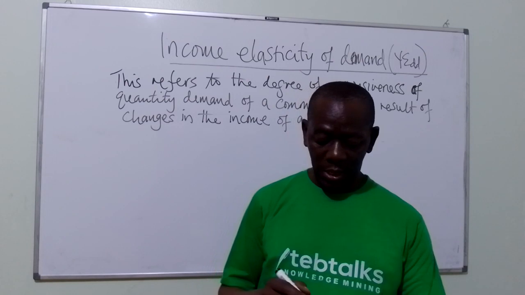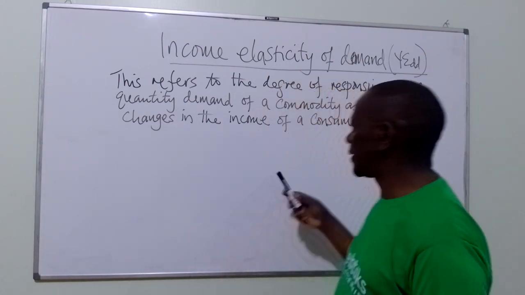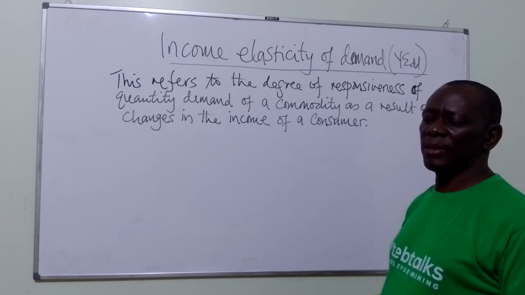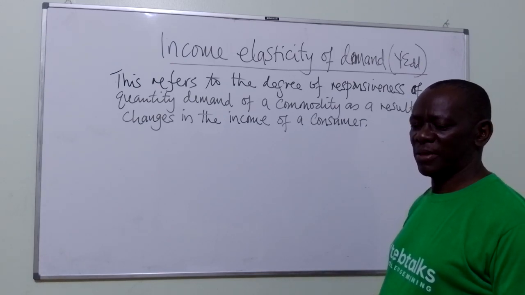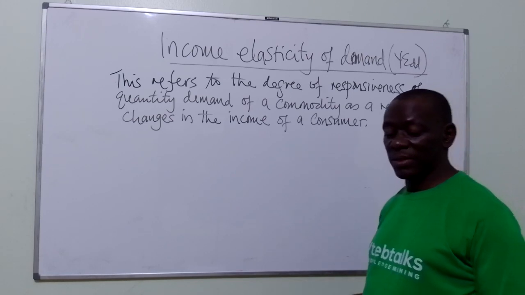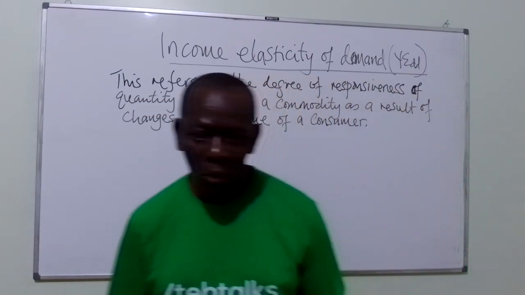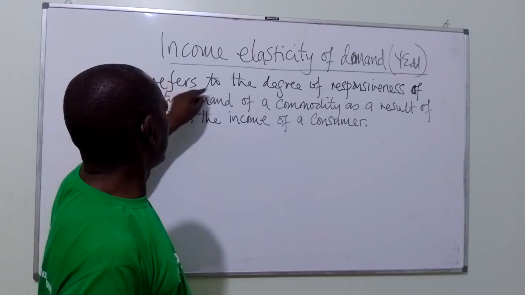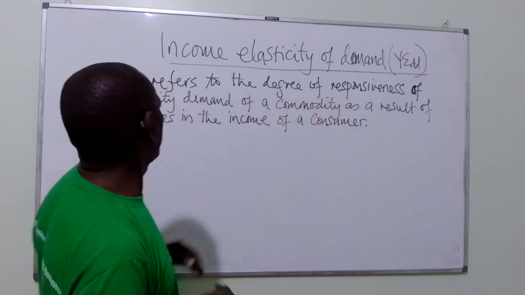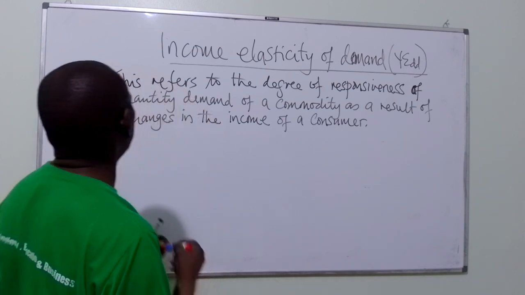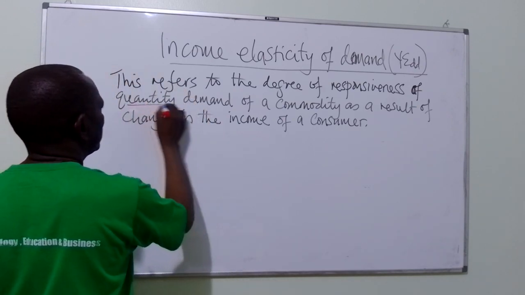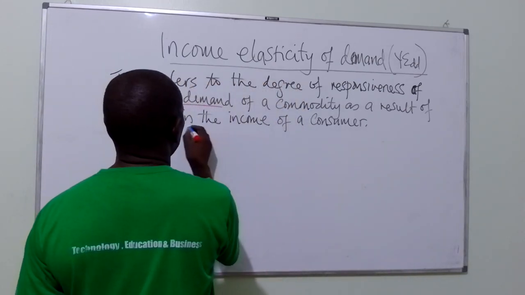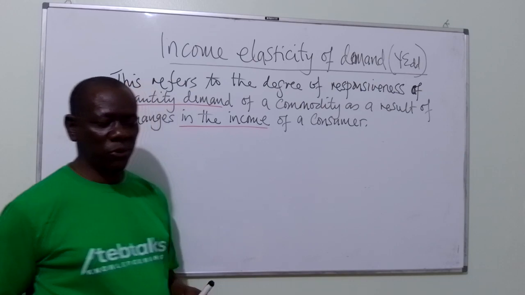Yes, there are some students who ask, who is a consumer? Anybody who is buying a commodity for consumption or for final use, we say is a consumer. So, you the consumer, who is going to buy a commodity, it refers to the degree of responsiveness of quantity demanded of a commodity as a result of changes in the income of the consumer.